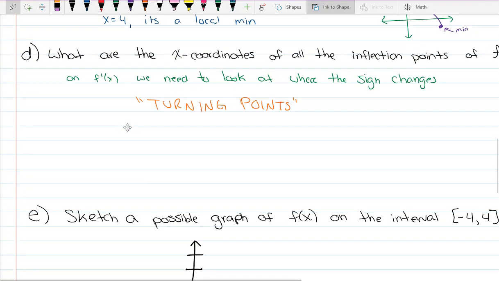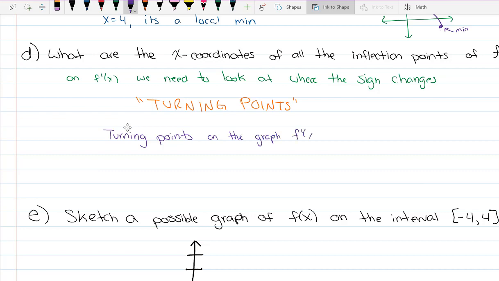So we know then that the turning points on the graph of f prime of x are x equals -2, 0, and 3.